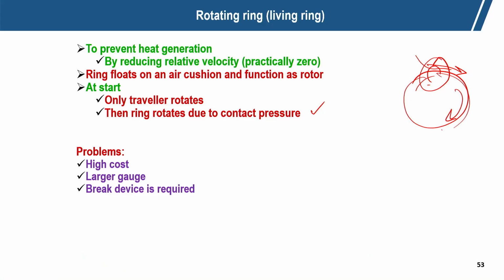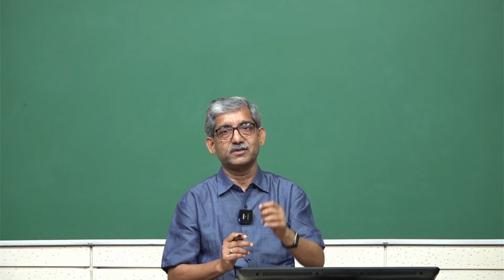And the main problem is that a brake device is required. In the normal case, in case of any yarn breakage, the traveler immediately stops, because the traveler is lighter in weight and due to friction it will stop; it has lower inertia.